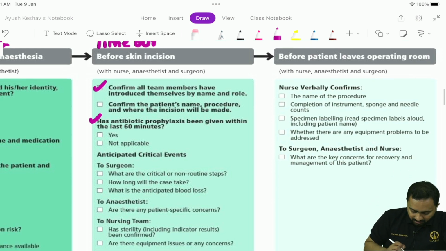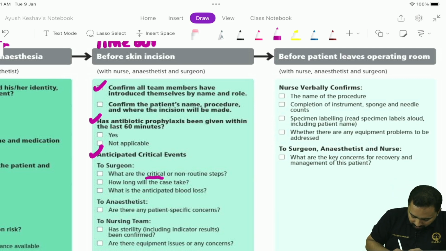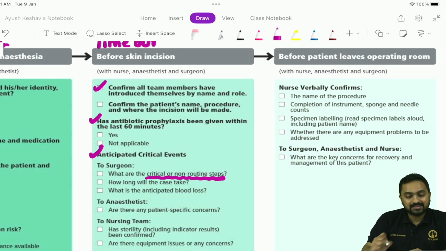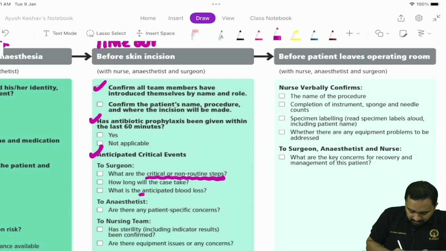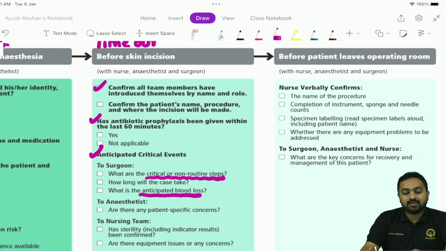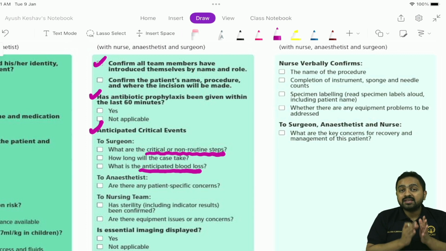This itself forms another important MCQ regarding antibiotic prophylaxis, which needs to be given within the last 60 minutes. Then, regarding your anticipated critical events: to the surgeon, what are the critical and non routine steps? How long would the case take? And what is the anticipated blood loss? Then to the anesthetist, are there any patient specific concerns, such as any comorbidity?